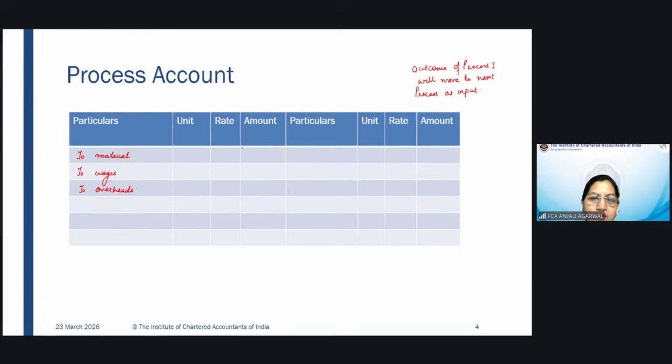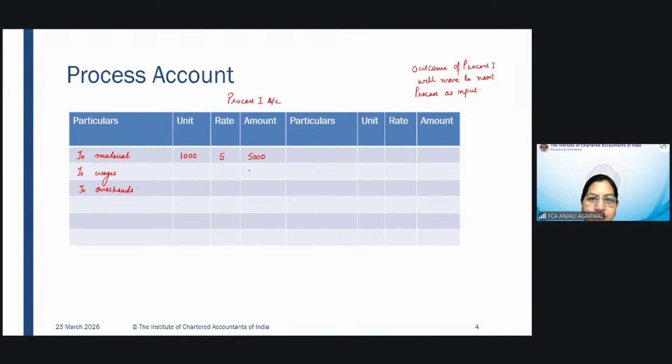For example, you had 1,000 units at the rate of 5. So 5,000 rupees of raw material has been used in process one. If we are preparing the process one account, the output of process one will move to the next process.